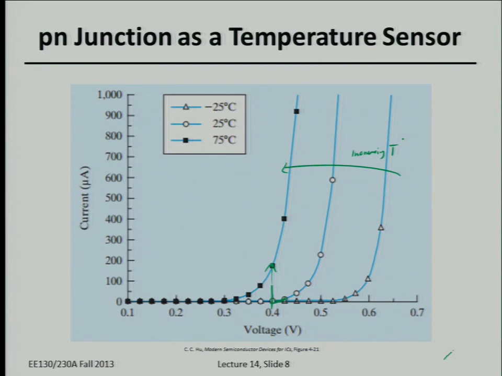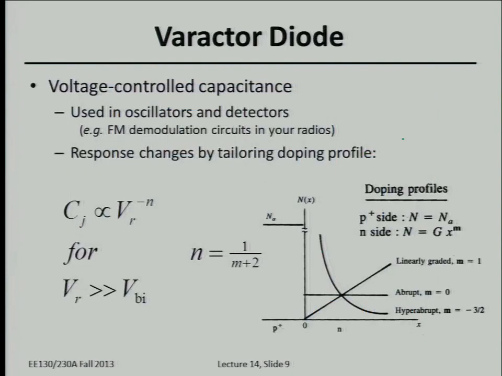Okay. All right, that's a simple way to use a PN junction. Another way, let's say for radio, I know you probably don't use radio too much anymore, right? But what we can do is operate a diode in reverse bias. So this is a reverse biased diode.